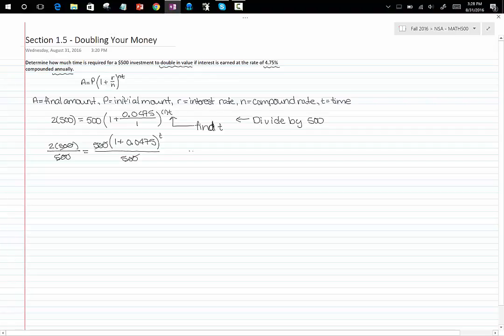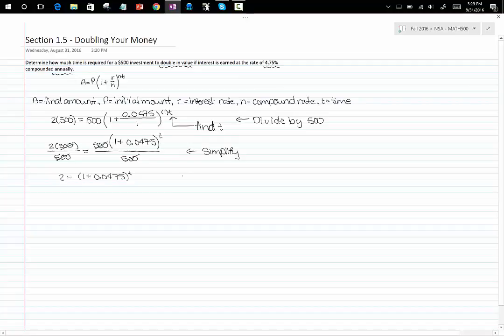So now we simplify and we have 2 is equal to 1 plus 0.0475 to the t-th power.